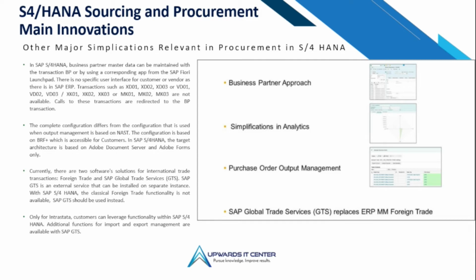We will not have a transaction specific for vendor or customer creation or modification like we have in ECC. Now we have the BP transaction where you can choose the roles, account groups, etc. You can select the business partner that you want to create. That can be an organization, a person, or a company.